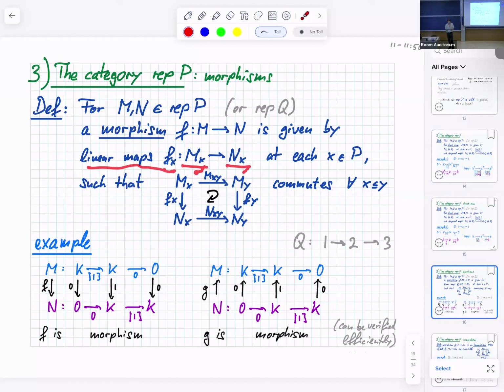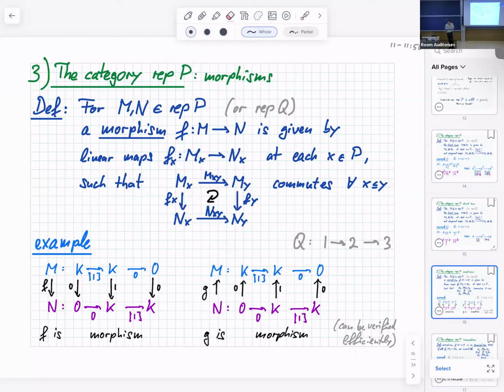Then we don't have arbitrary such collections of maps; we want some compatibility condition. Whenever we have a structure map between M_x and M_y, so the module M gives me a linear map M_xy, and the module N gives me another such map N_xy, and I have these morphism maps F_x and F_y.